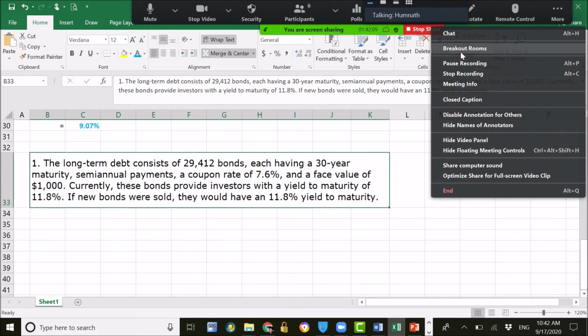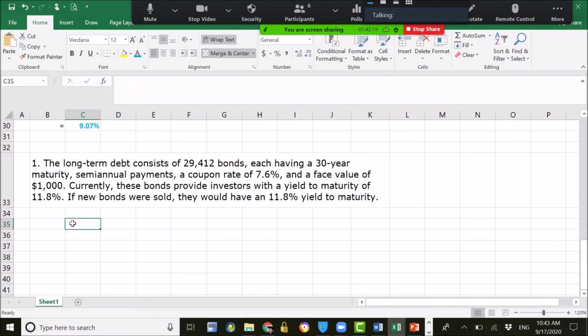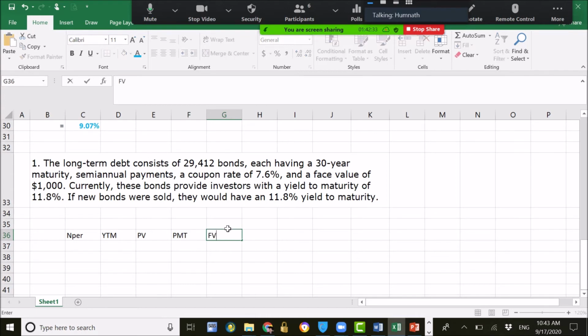The equity. So let's do the five keys: NPER, rate, which is YTM, PV, PMT, future value.